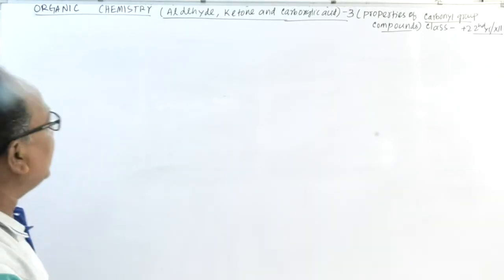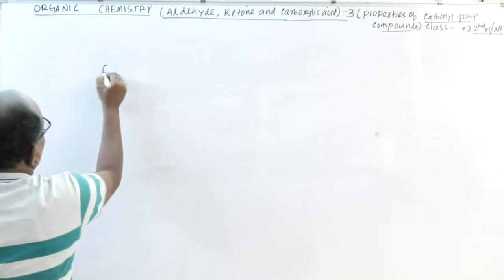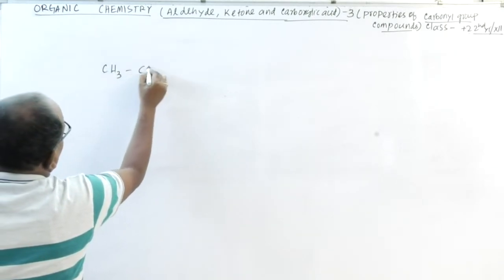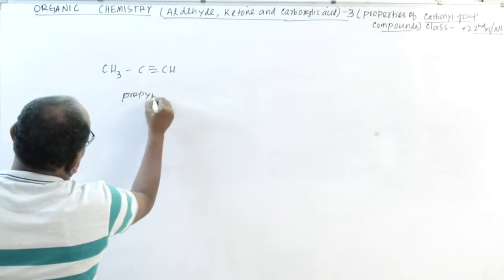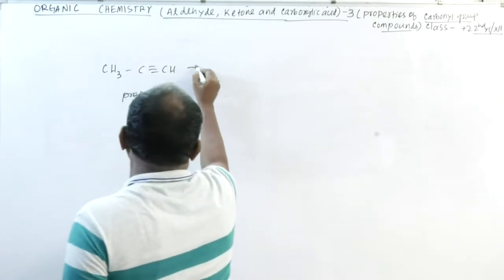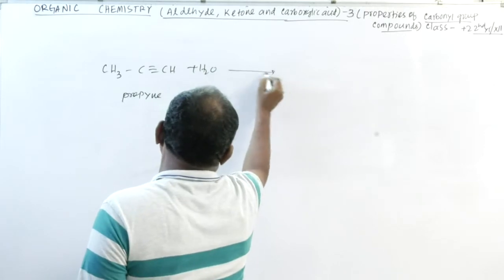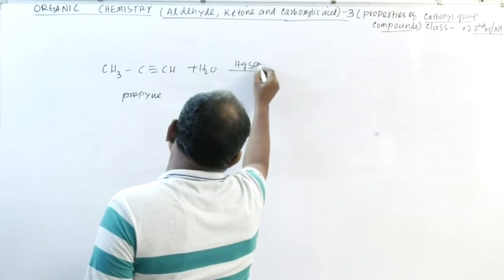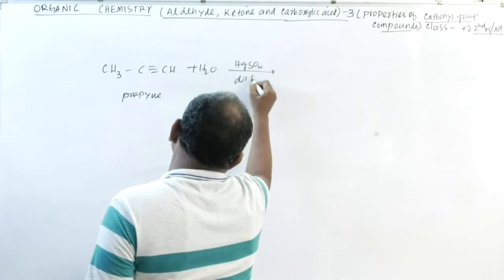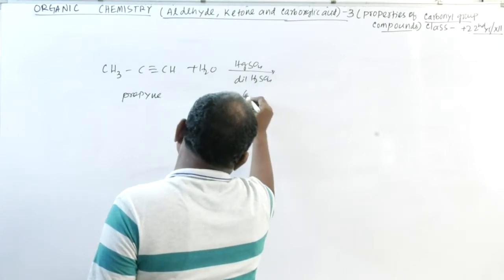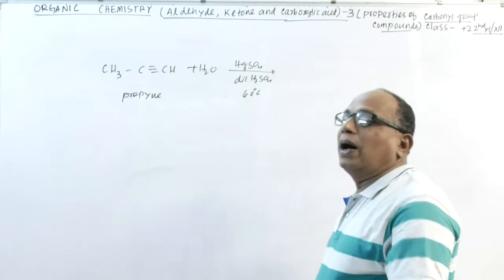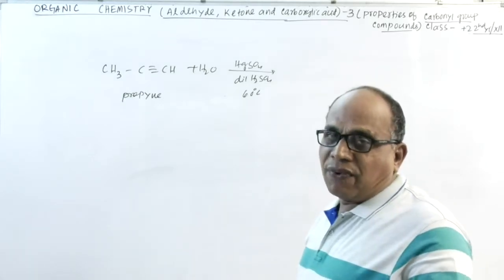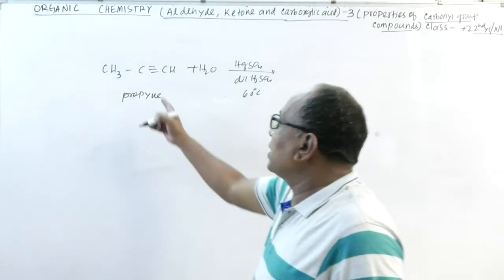Suppose the another alkyne you take is propyne, CH3C≡CH. This is called propyne. To the propyne you add a molecule of water in presence of mercuric sulfate, dilute sulfuric acid at about 60 degrees C. It can add a molecule of water. During addition of water, it follows the Markovnikov rule because it is unsymmetrical.